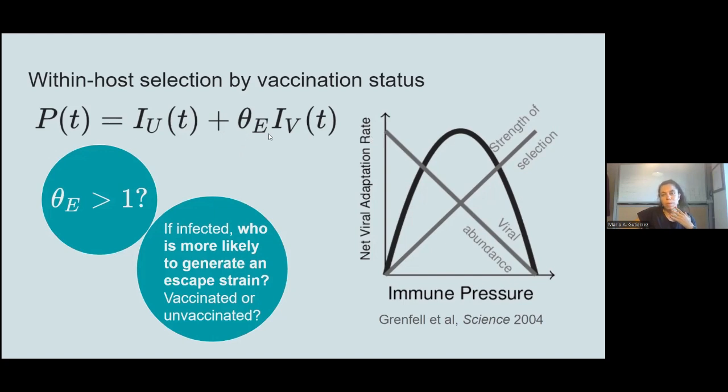If vaccinated individuals contribute more to the escape pressure, then this parameter theta will be greater than 1. Indeed, if theta was really, really large, it would only be infections in the vaccinated that are driving vaccine escape. On the other hand, if theta is 0, then only infections in the unvaccinated generate these escape strains.